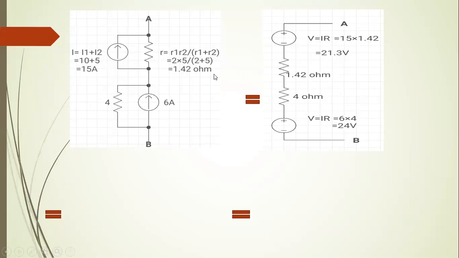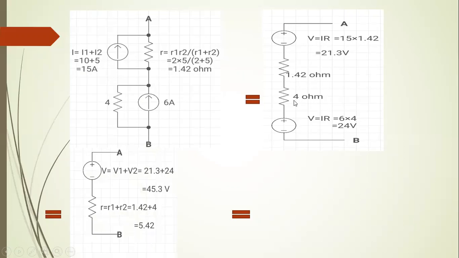And then the resistance connected in series with the voltage source, 4 ohms and 6 amps: V is equal to IR, 6 into 4, which is 24 volts, and redrawing the 4 ohms as such.